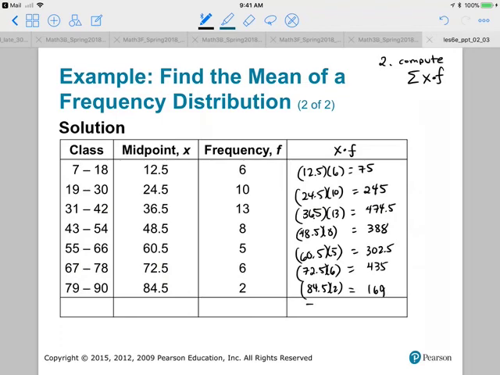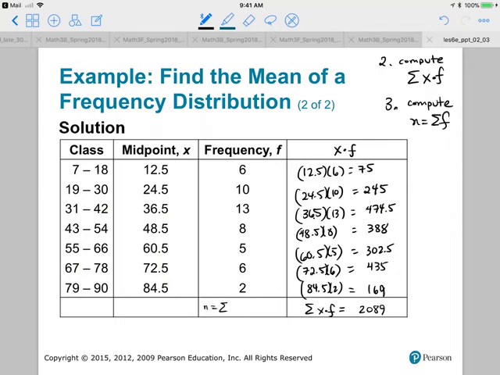Now when we add up the sum of our midpoints times the frequencies, we get 2089. Step 3 is to compute N, which is the sum of all our frequencies.